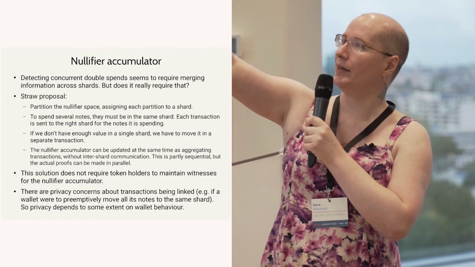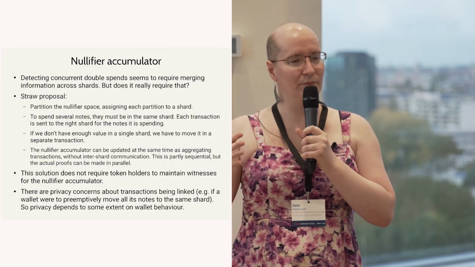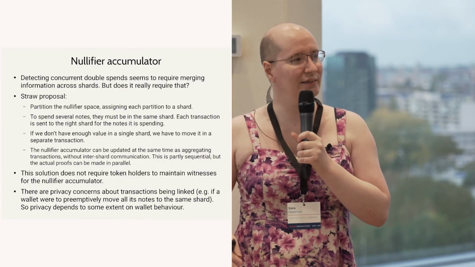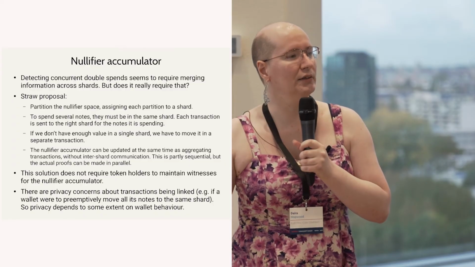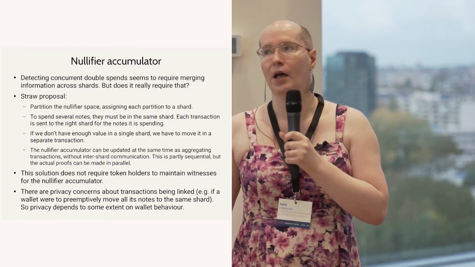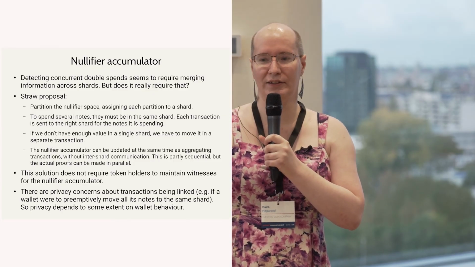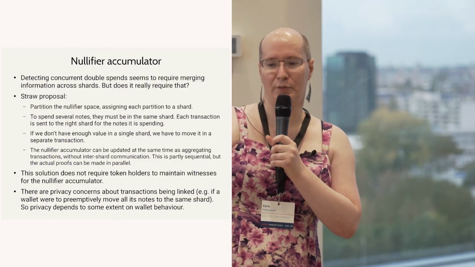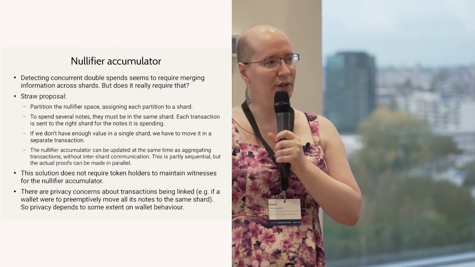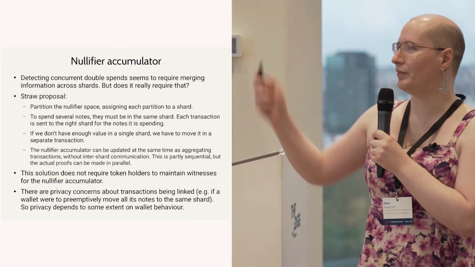I've got some detail here that I probably don't have time to go through about how the nullifier accumulator works. The basic idea is that you're going to split the nullifier space across shards, so a nullifier that has a certain prefix will be in a certain shard. Because only nullifiers with a given prefix are in a given shard, you can do the double spend detection independently for each shard, and that really simplifies things.